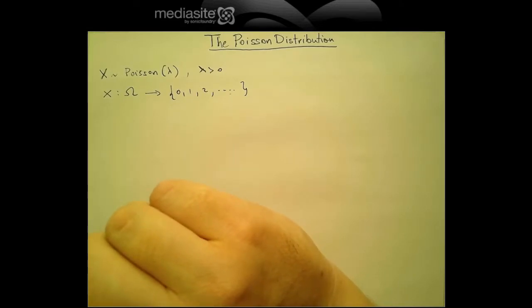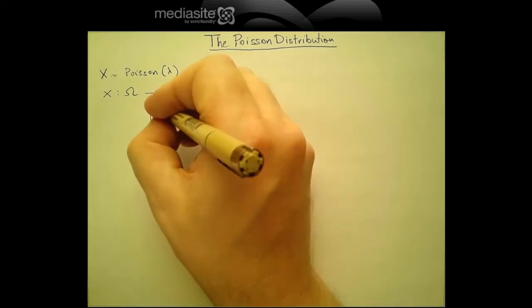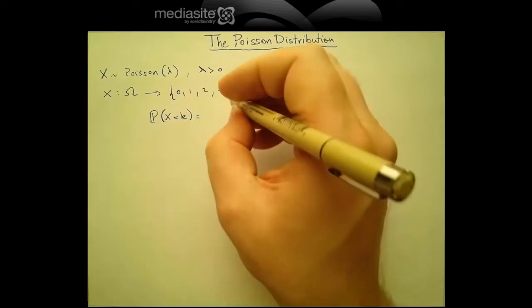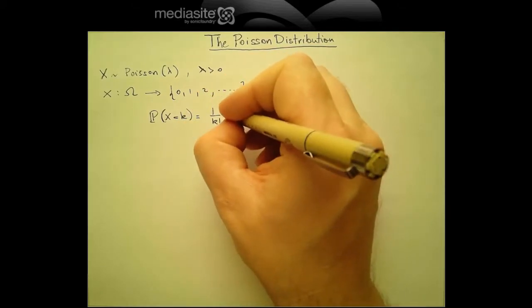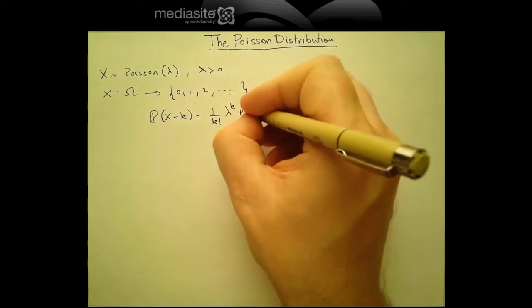The probability that x is k is given by 1 over k factorial lambda to the k e to the minus lambda.